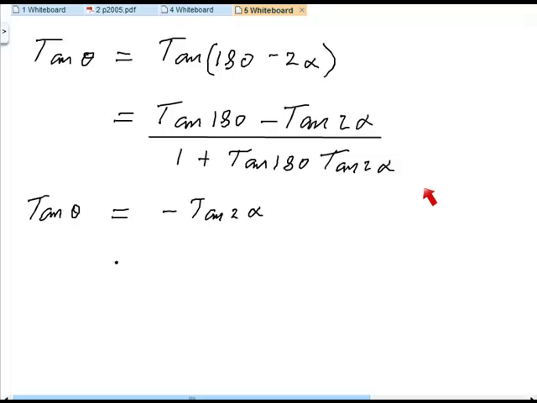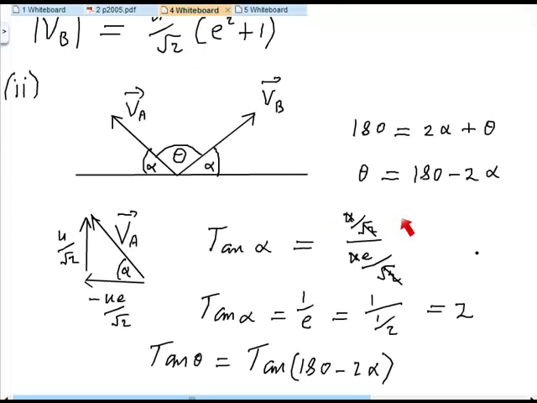And finally, we have an equation in the tables again for the tan of twice an angle. So it's minus, and it's 2 times the tan of the angle. So this is again directly from the tables, 2 tan alpha divided by 1 minus tan squared alpha. That becomes minus 2 times, now tan alpha we've already got, it's 2.